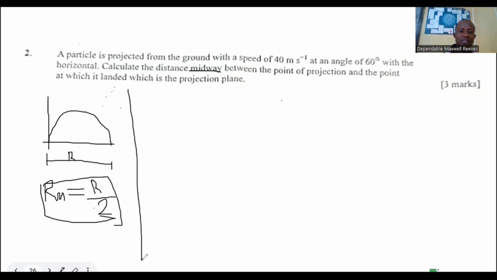We know that the range of the projectile is equal to the square of the initial velocity u, times sin of 2 theta, all divided by g.